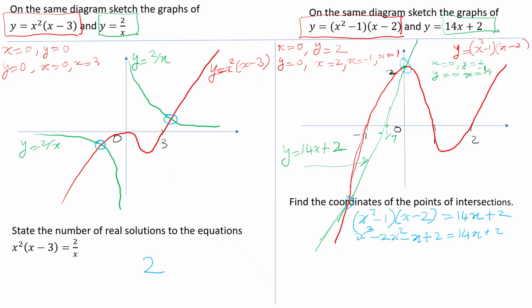So x cubed minus 2x squared minus x plus 2 minus 14x minus 2 equals 0.